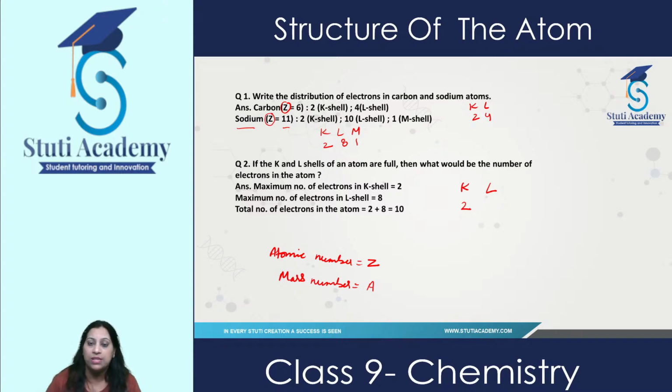In the L shell, maximum 8 electrons can be accommodated. Now, if the K and L shells of an atom are completely filled, 2 is present here and 8 is present, then what would be the number of electrons in the atom? Simply you need to add these two. Answer is 10. Which means it has a total of 10 electrons present in that particular atom.